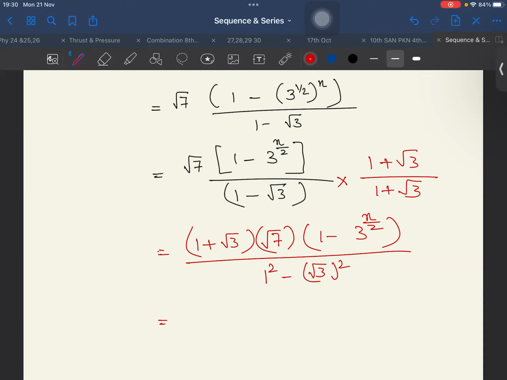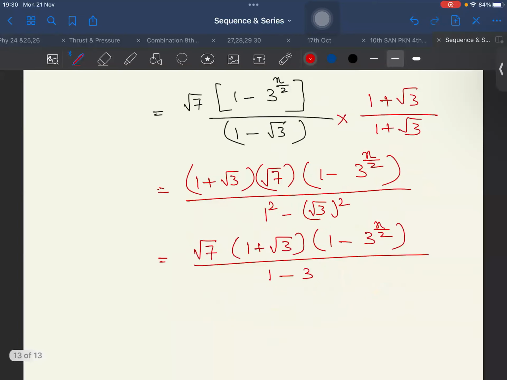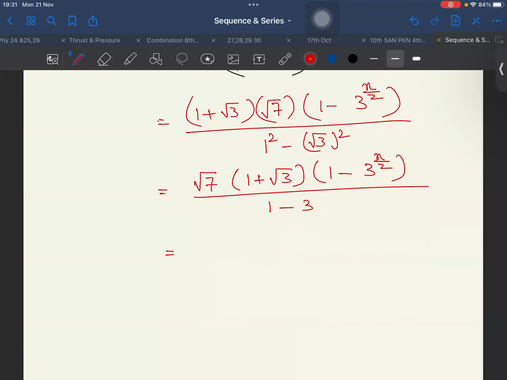So again, what you can write is √7 (1 plus √3)(1 minus 3 to the power of n by 2), whole divided by 1 minus 3. So this will become minus 2, right?